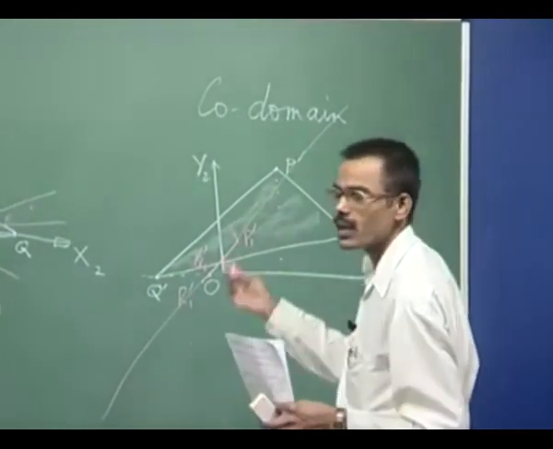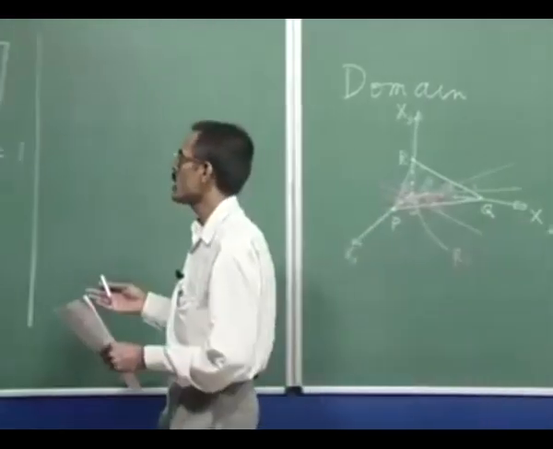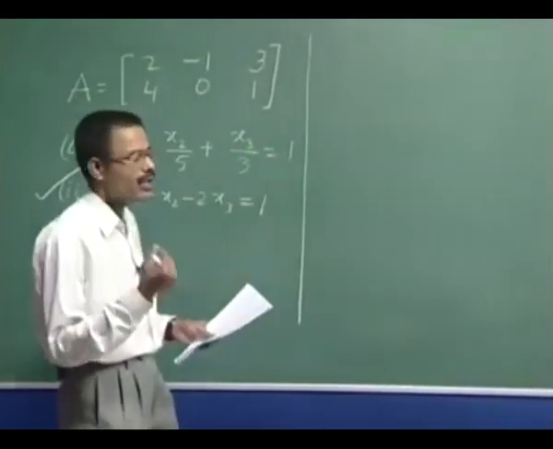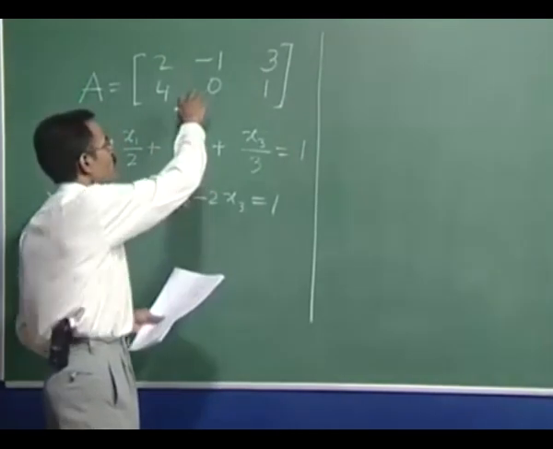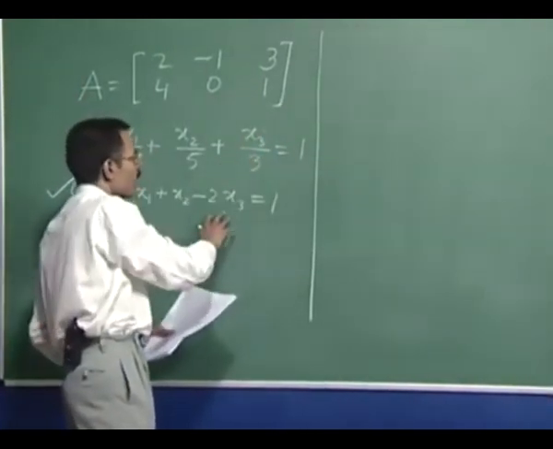Now, why this discrepancy in the two cases? In order to see that, we need to conduct a little analysis into how this matrix is mapping several vectors in this plane and in this plane.